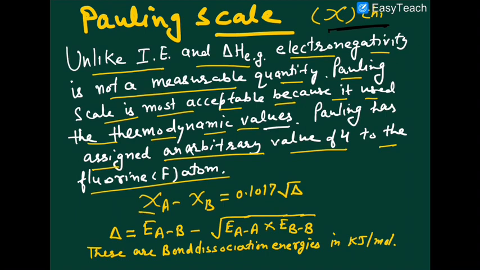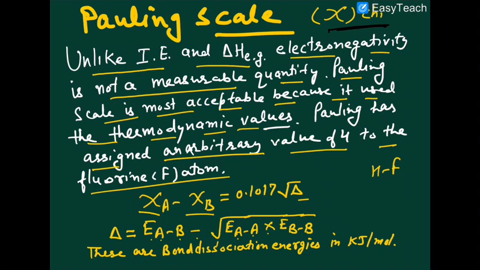So the electronegativity of fluorine minus the electronegativity of any element is equal to what? 0.1017 under root delta. What is delta? That is the bond enthalpy of fluorine and that element minus the square root of bond enthalpy of fluorine into bond enthalpy of that element. Let us suppose you want to find out HF. A is taken as fluorine, B is taken as hydrogen.